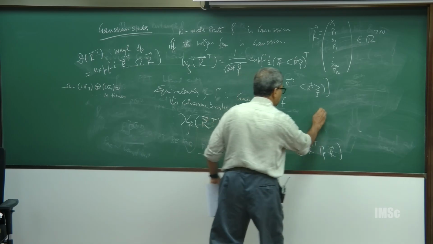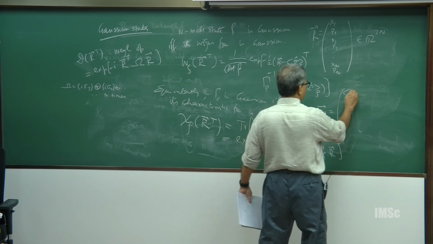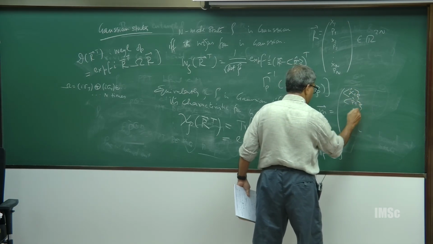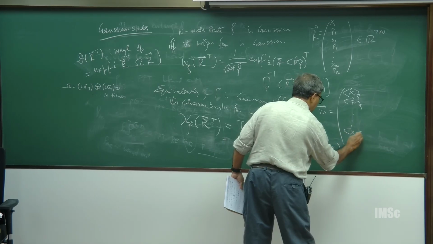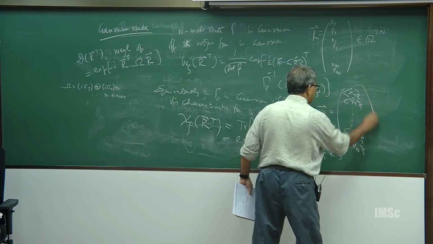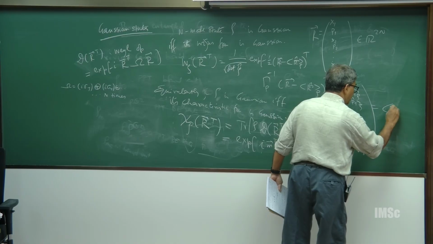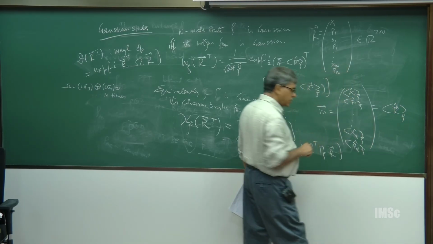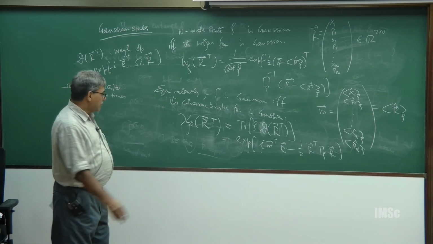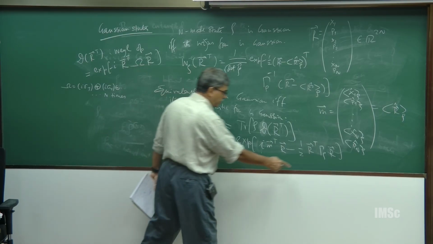And what is m? M is this one, x 1 rho, p 1 rho, and so on, x n rho, p n rho. So, this is basically your r vector rho. This is basically the mean values. So, this is of course Gaussian, if this is positive definite.